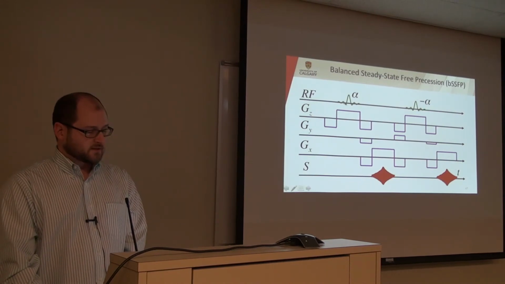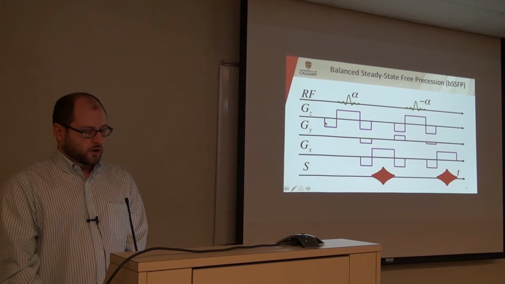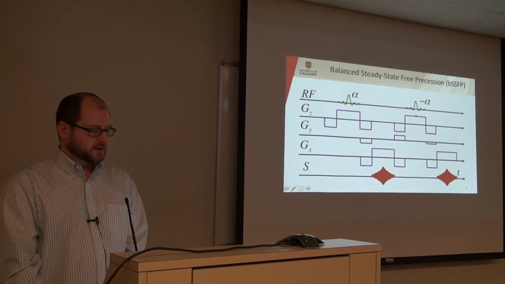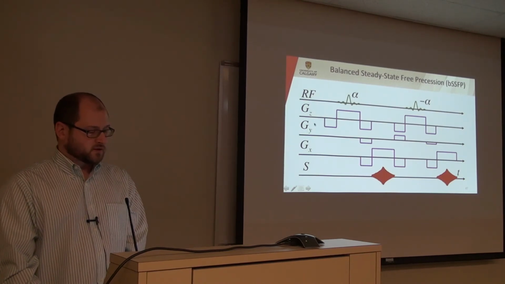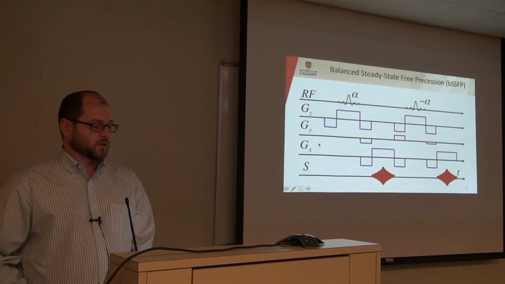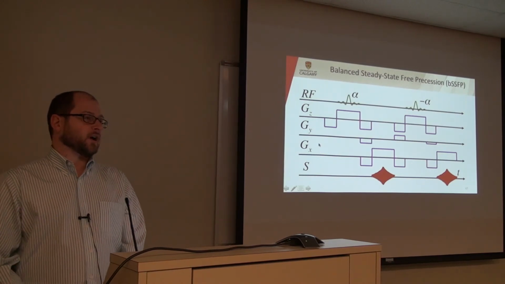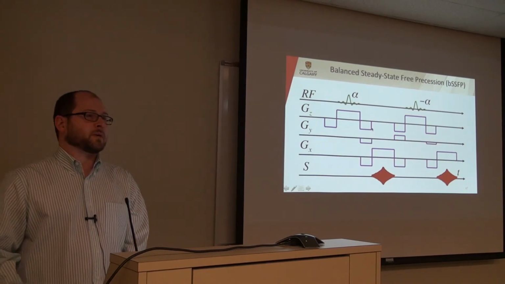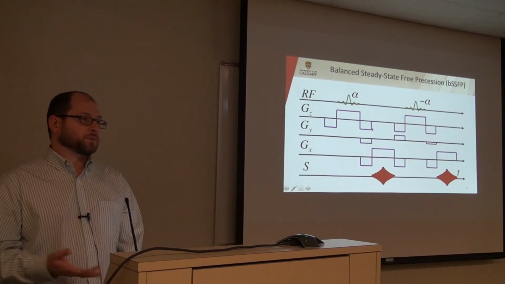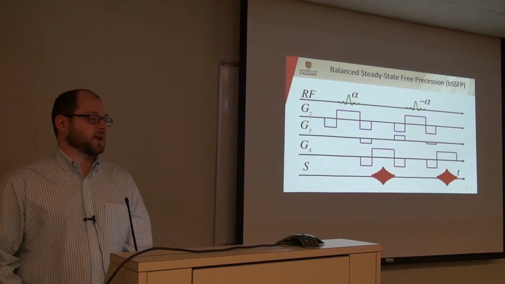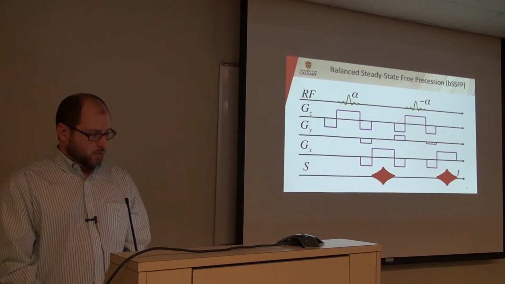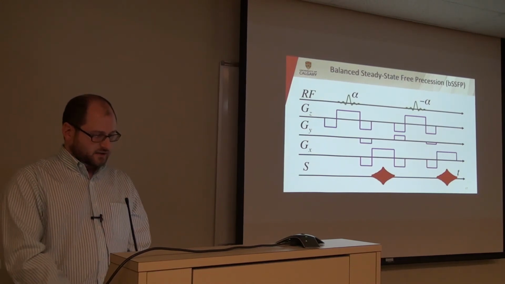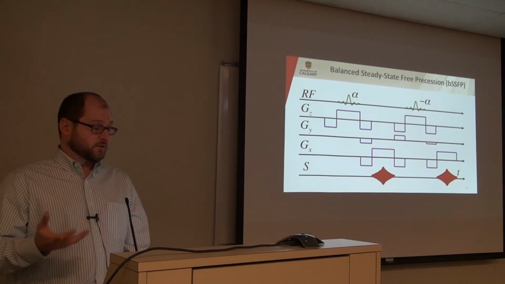So in this case, if you look at the area under the curve from one alpha pulse to the next alpha pulse, in all three, the GZ, GY, and GX gradients, you're going to get a net area of 0. So that means any amount of dephasing that we apply to the spins, we're completely rephasing again before the next alpha pulse. And so what that actually allows us to do is scan faster.